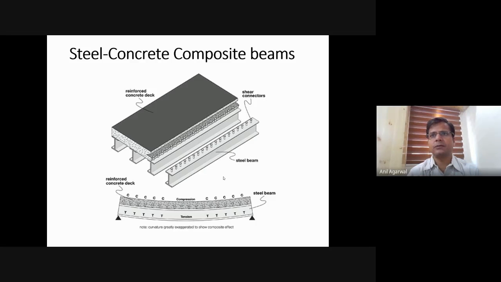Another very commonly used type is channel sections. You take a C section and cut it into small pieces, shorter than the width of the beam, so that it can easily be welded to the top flange. Then you weld those channel sections to the top flange and cast concrete. That also works equally well.